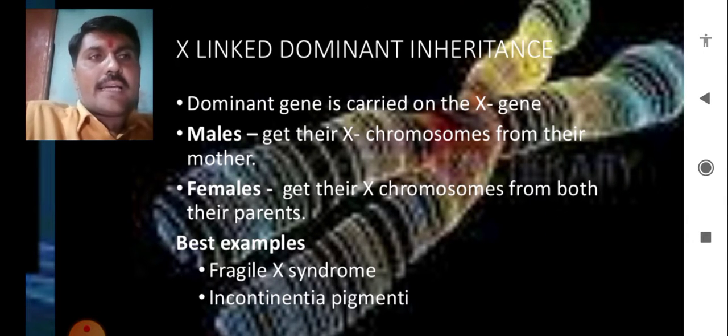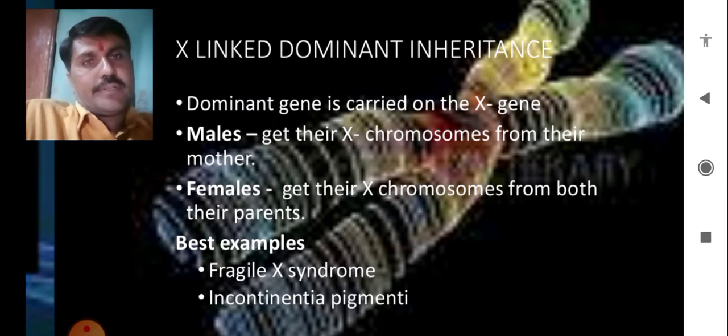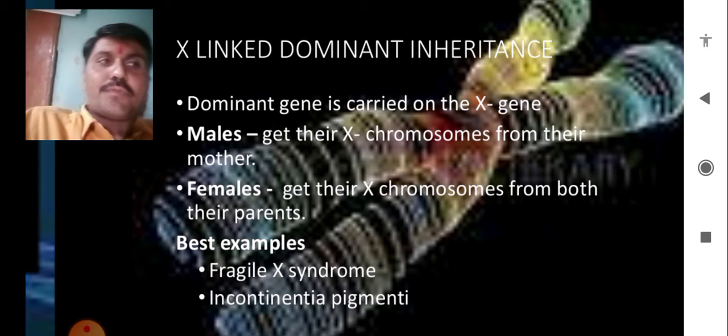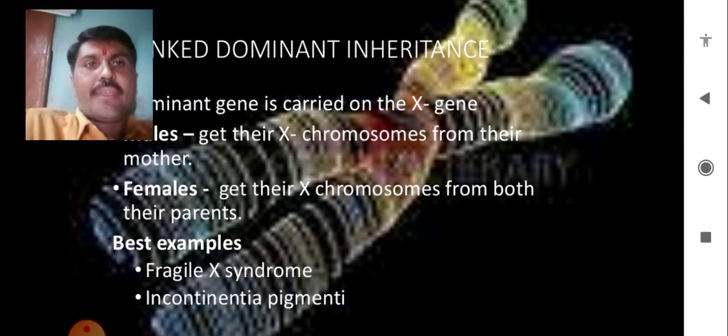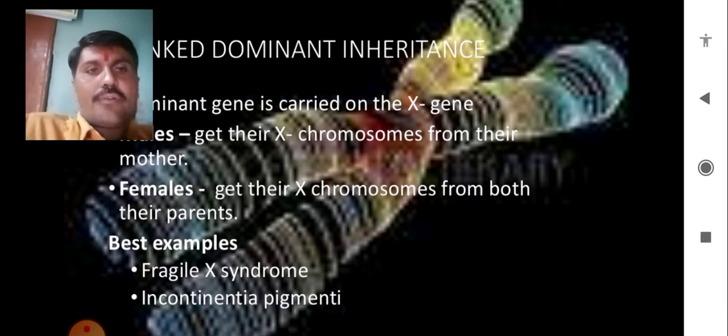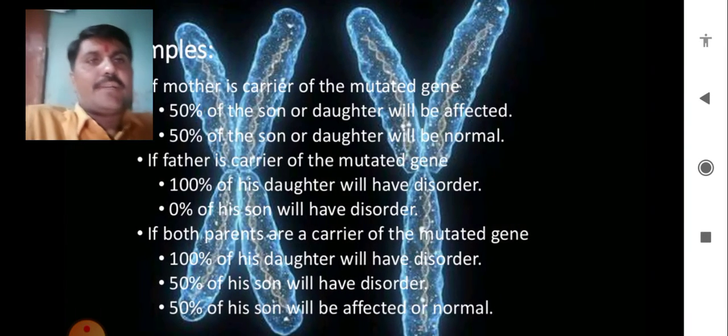Males get their X chromosome from their mother. Females get their X chromosomes from both their parents. Look at this: the male will get the X chromosome only from its mother, and the female will get the X chromosome from both mother and father. The best examples are Fragile X syndrome and incontinentia pigmenti.